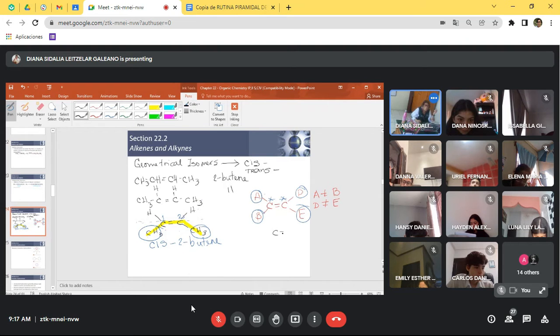The double bond moves around from one form to the other. So in the first minute it's cis, in the second minute it's trans, and like that it keeps moving. To make the trans, you write the second carbon opposite. You change the substitutes.